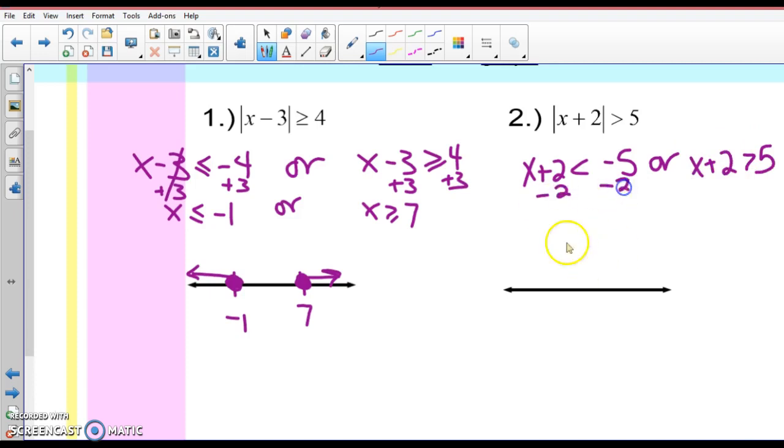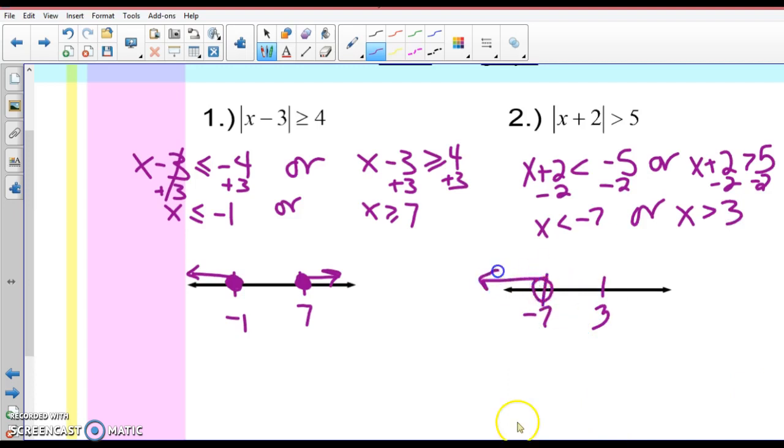Subtract 2, so x is less than negative 7, or subtract 2, x is greater than 3. So, negative 7 and 3, less than negative 7, open circle, shaded left, greater than 3, open circle, shaded right. So when it is a greater than, it goes out, it is or. And you need to rewrite it as such and then solve.